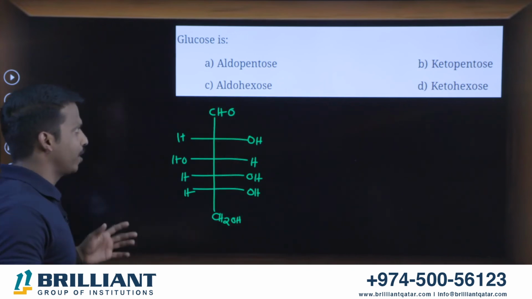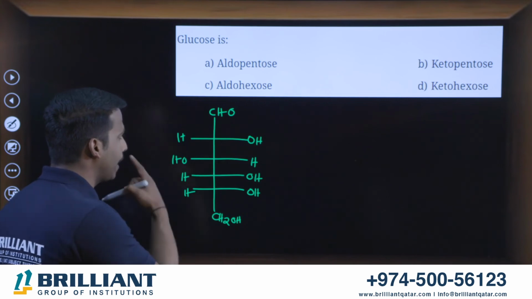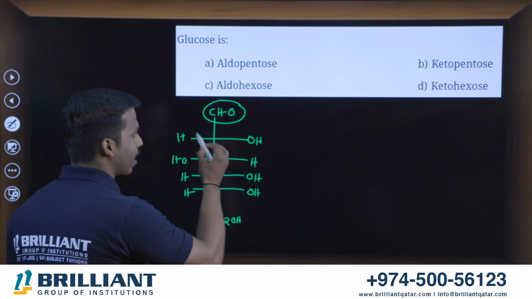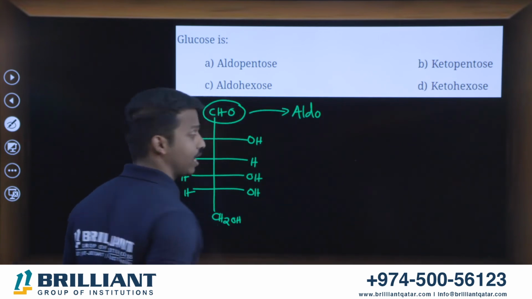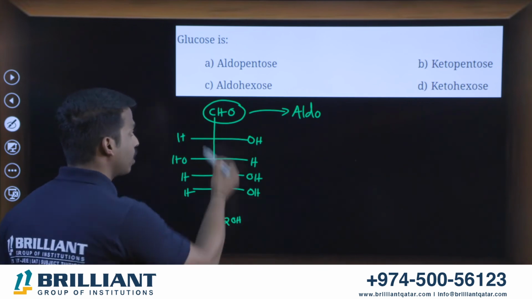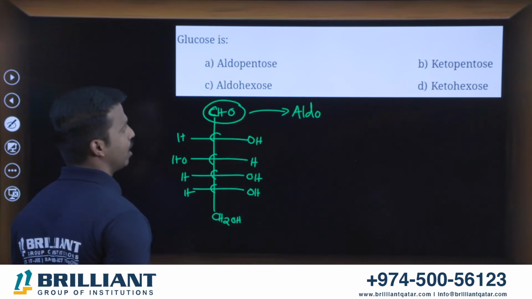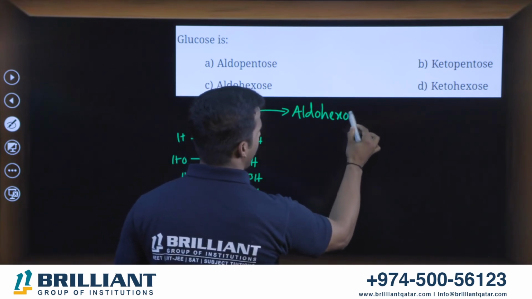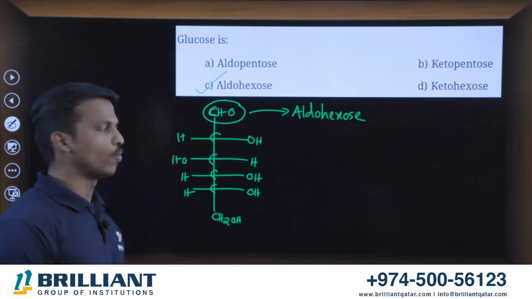This is the open chain structure of glucose, which contains aldehyde as the major group, right? So if a carbohydrate contains aldehyde, we will call it aldo. If it is a ketone, keto. Total how many carbons are in glucose? 1, 2, 3, 4, 5, 6. So hexose, right? So glucose is an aldohexose. Option C, glucose is an aldohexose.